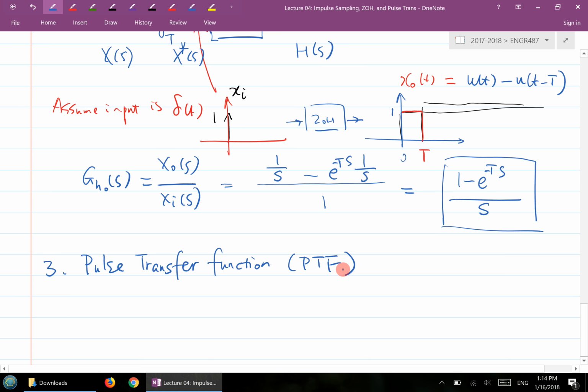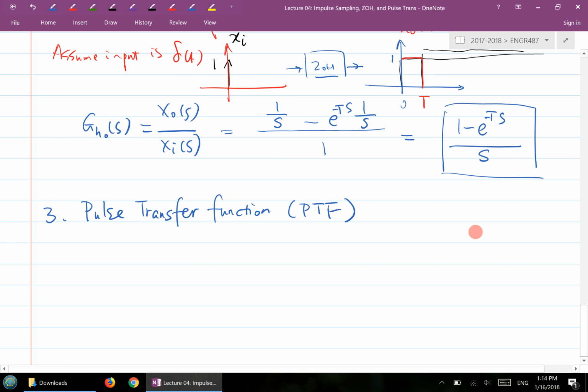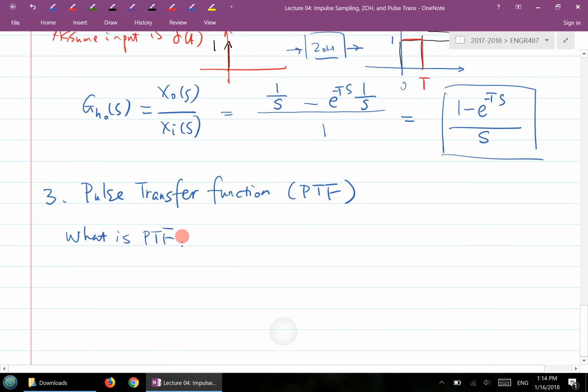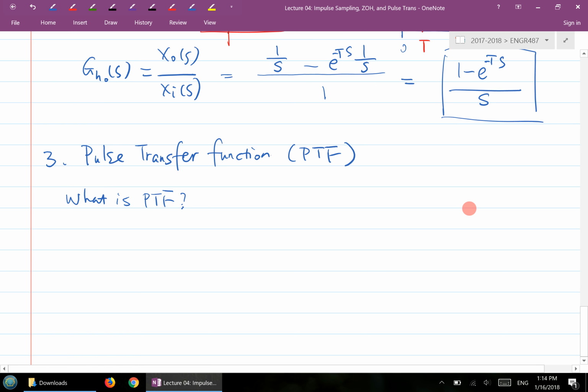So what is a pulse transfer function? Let's give a very simple example here. It's basically a concept of transfer function.